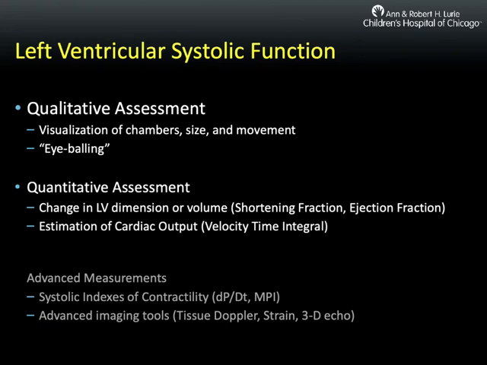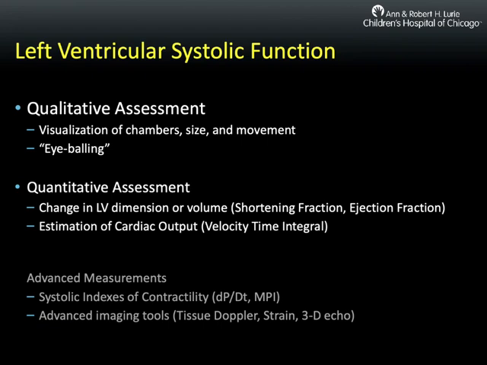When we look at quantitative assessments, we can see the changes in LV dimensions as well as we look at volume in a three-dimensional way. And the predominant two methods that we would describe objectively would be the shortening fraction and the ejection fraction, as well as other modalities such as estimating cardiac output. And we'll review something called the velocity time integral.